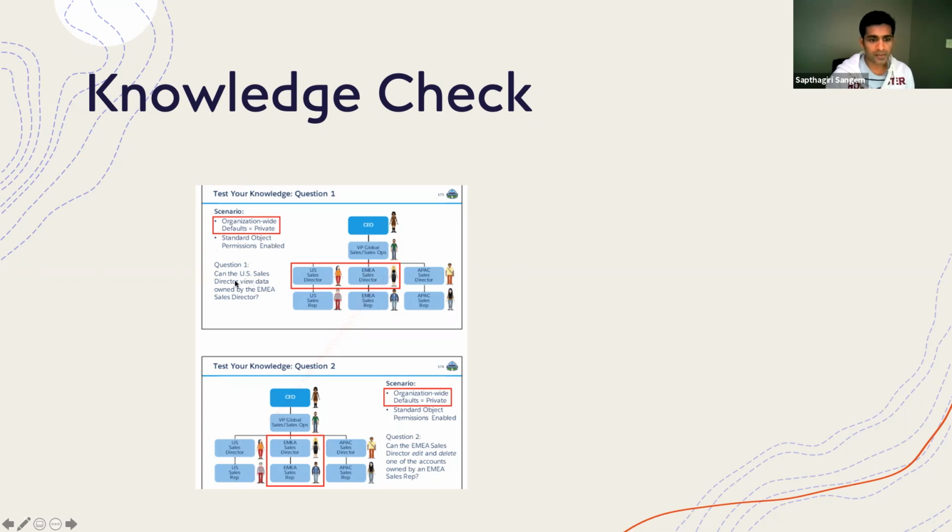Can the US sales director view the data owned by the EMEA sales director? There is somebody who owns some records here, the organization default is private, and the object permission, this user has view, this user has view on the object level. Can this user see some records that are owned by this user?